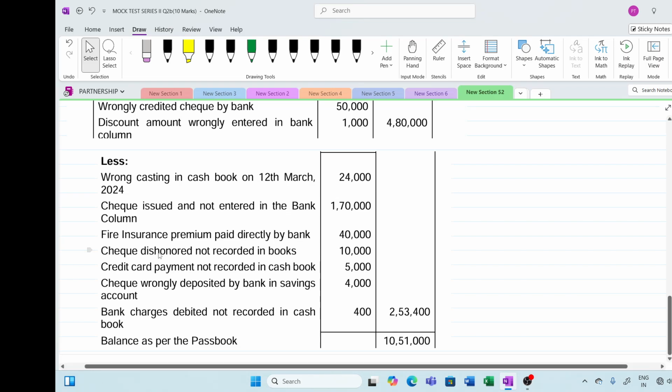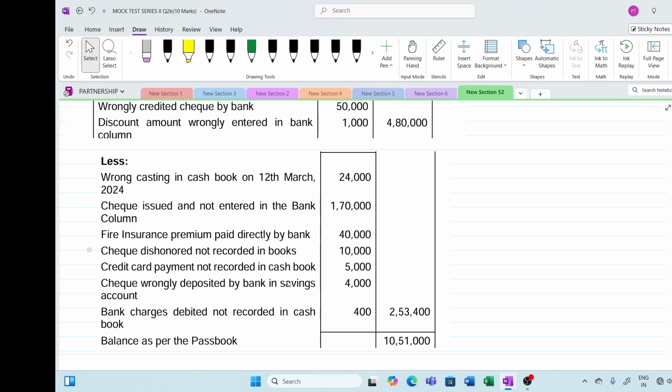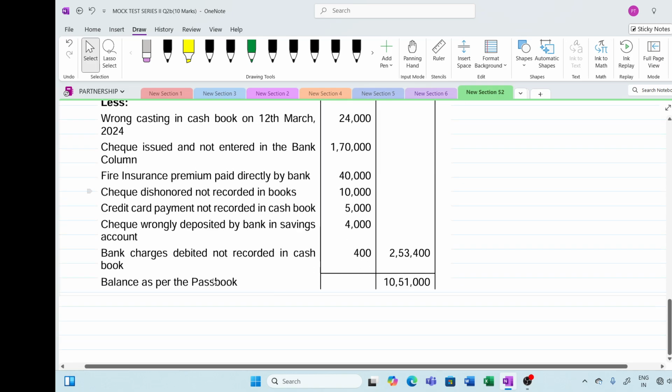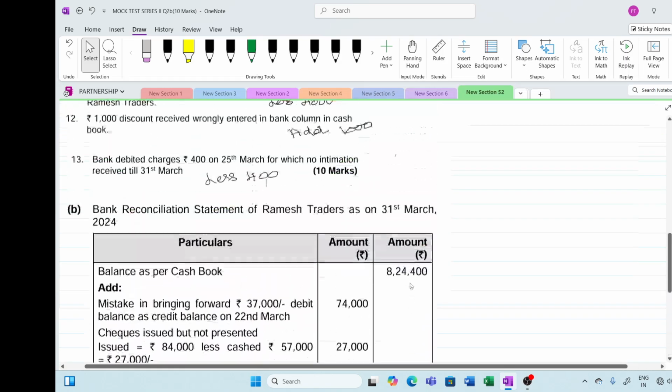Fire insurance paid by bank, and there is a dishonored check which the cash book was not knowing about, 10,000, and credit card payment and wrong deposit. Instead of increasing our balance by 4,000, they have put this amount in the savings account, so the balance has come down by 4,000, and bank charges paid. So you will get the balance as per passbook if you total it.